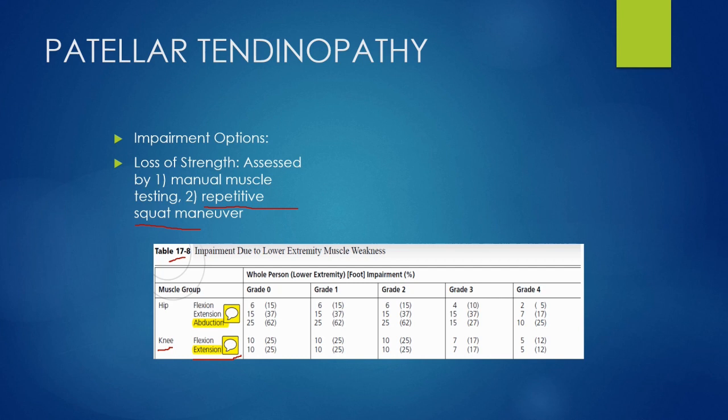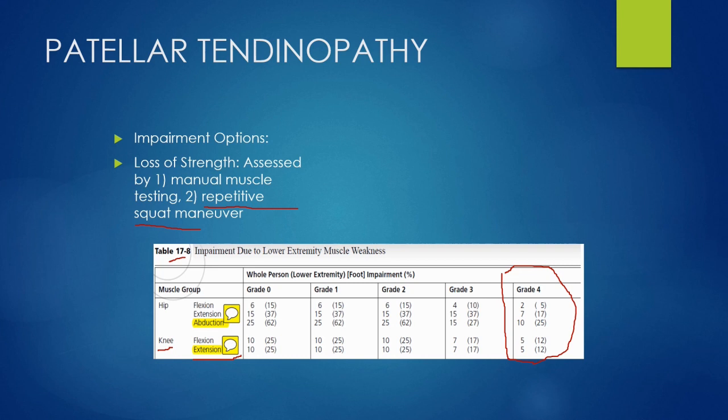And of course, they should point to the patellar tendon, and their complaints of pain should be consistent with patellar tendinopathy. And if you're convinced that their strength is indeed limited as a result of patellar tendinopathy, then you can provide for permanent impairment, typically due to grade 4 loss of strength of resisted knee extension.